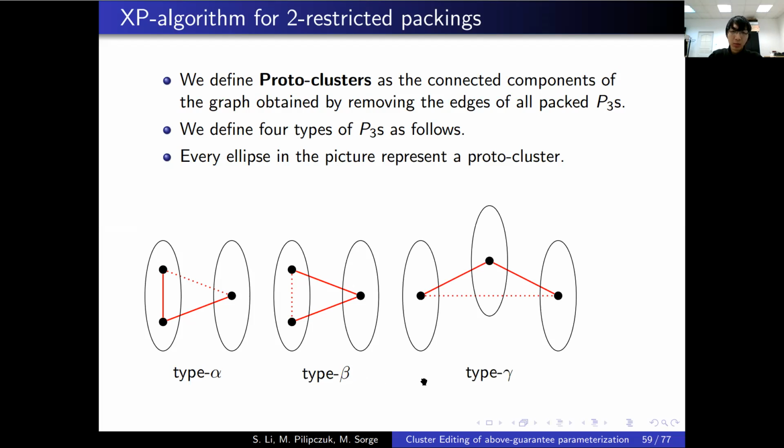And this is type gamma P3. And this is type delta P3. Every ellipse represents a protocluster. This means that after removing all the P3s in the packing, it is still a connected component.